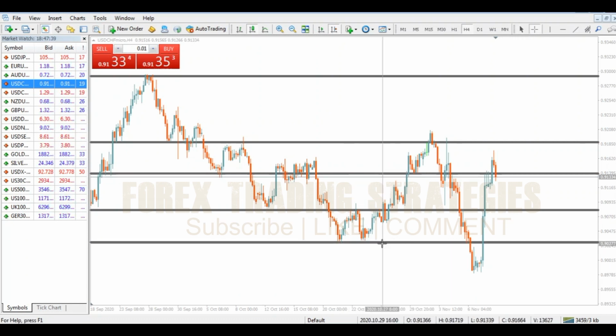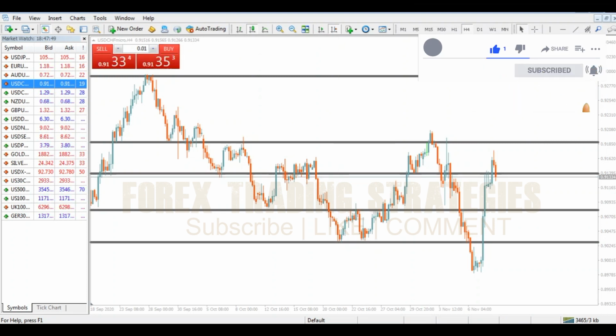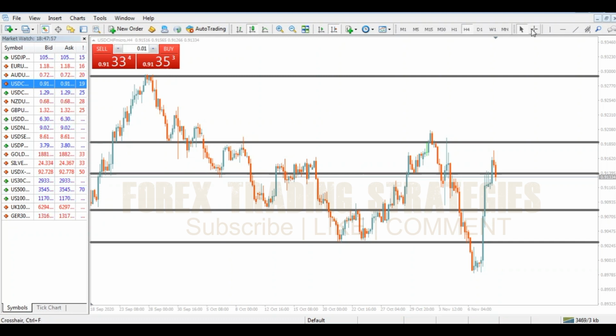I'm on the 4 hourly and price danced here and it went up to the next daily line. That was some 51 pips. Then it came down for another 50 pips and it went up for another 52 pips.